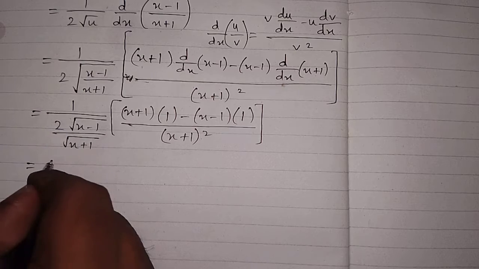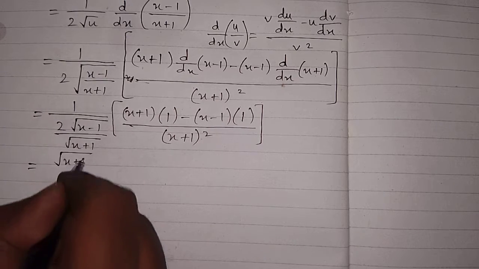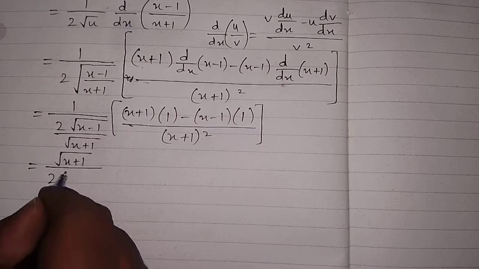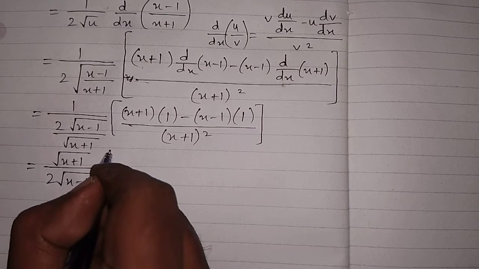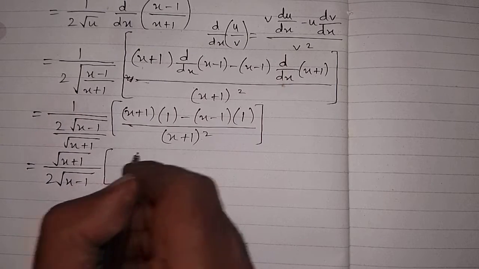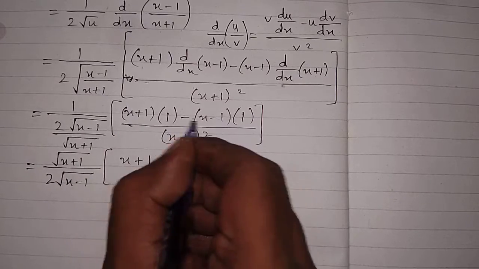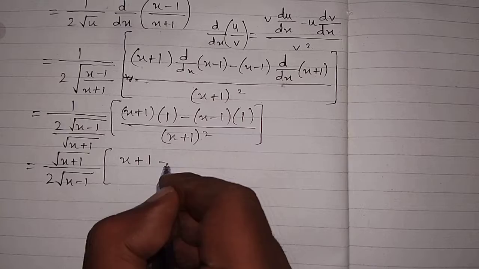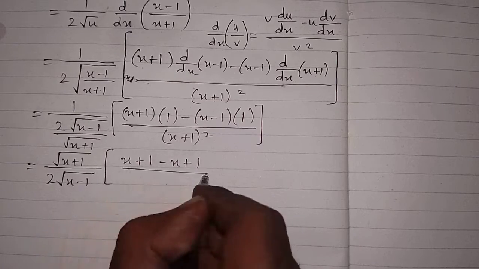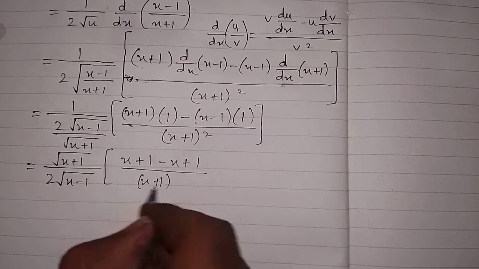Now this can be written as square root of (x plus 1) upon 2 times square root of (x minus 1), and then (x plus 1) multiply 1 is x plus 1, and minus times (x minus 1) is minus x, and then plus 1, upon (x plus 1) whole square.